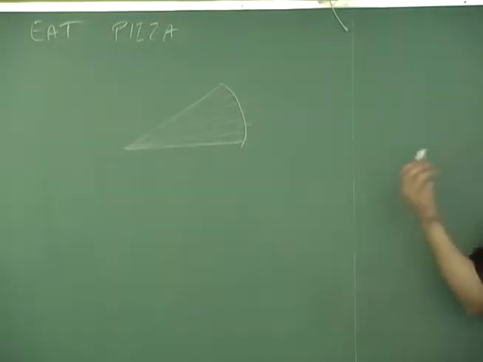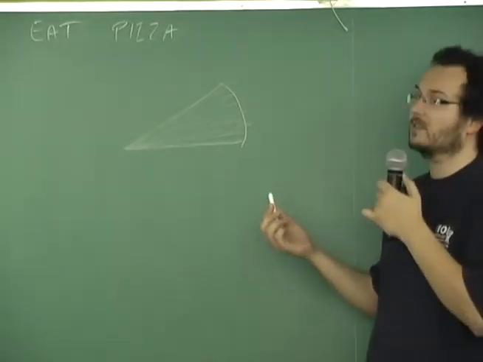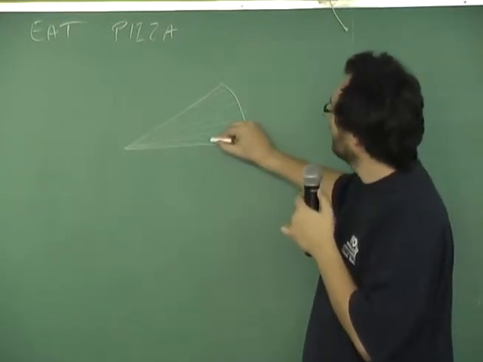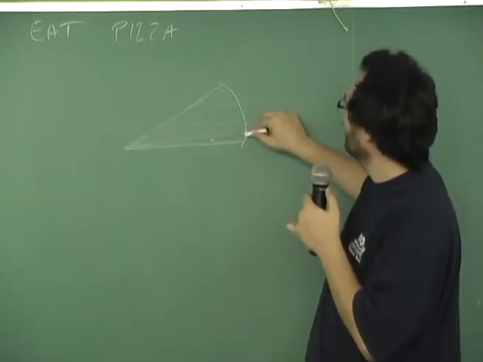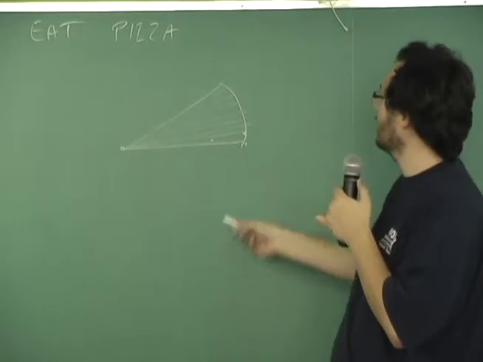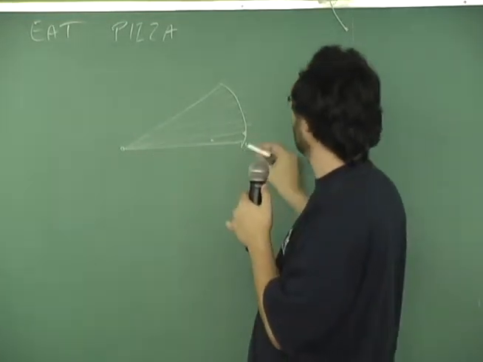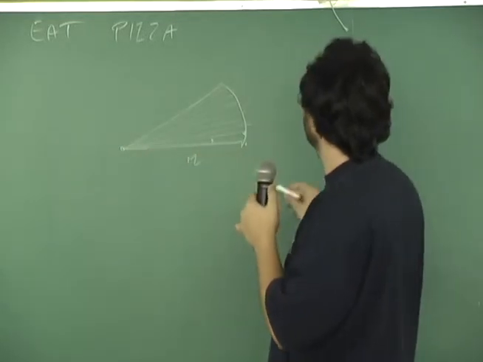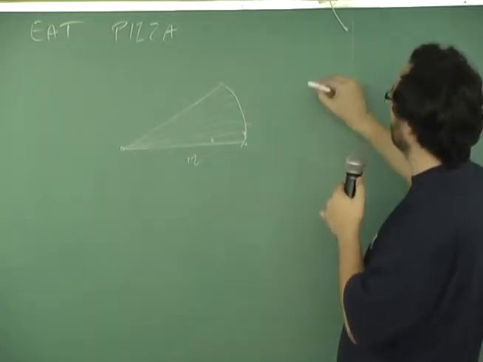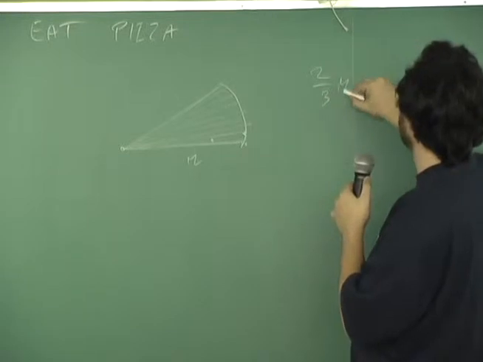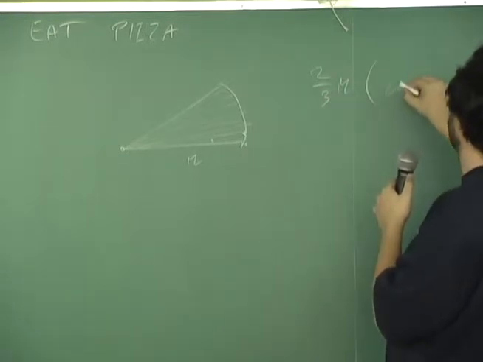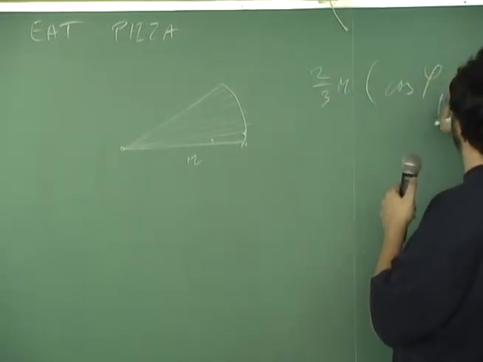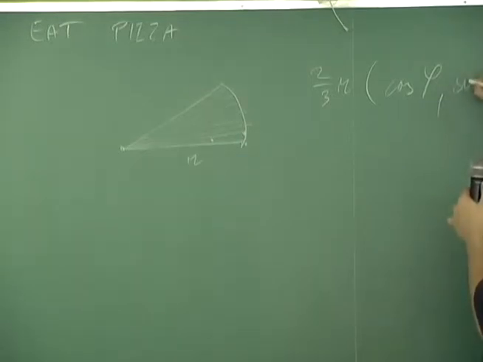And for each of these triangles, it is clear where its center of mass is. It's here, so it's the average of all the three coordinates. And in our case, we can simply say that if this radius is r, then the center of mass is located at 2/3 r times cosine of some angle phi and the sine of the same angle phi.